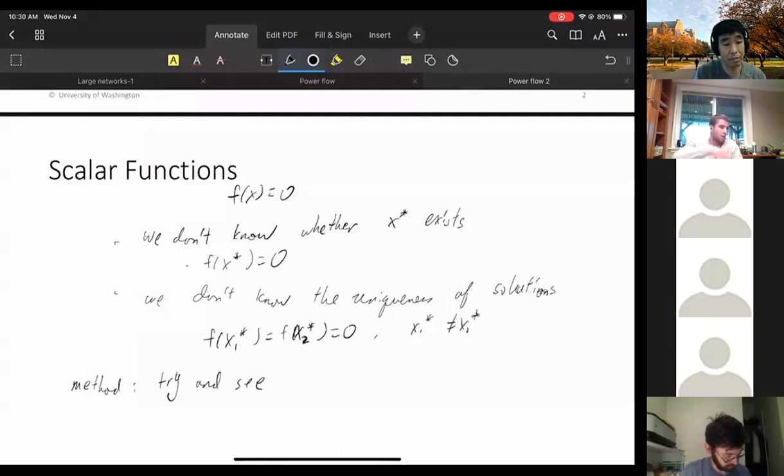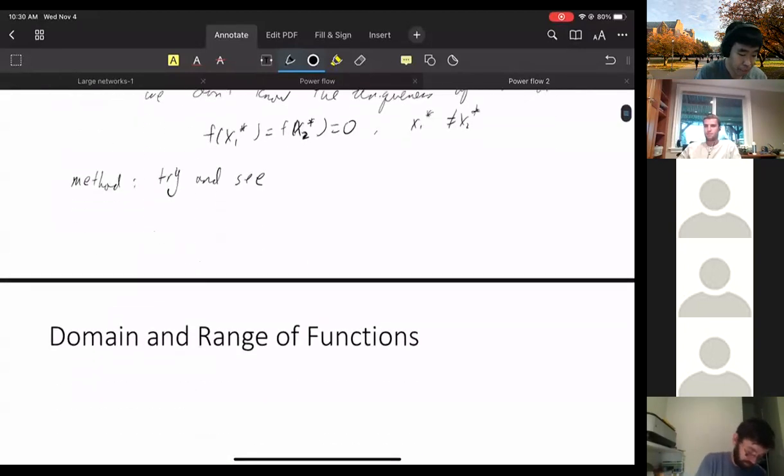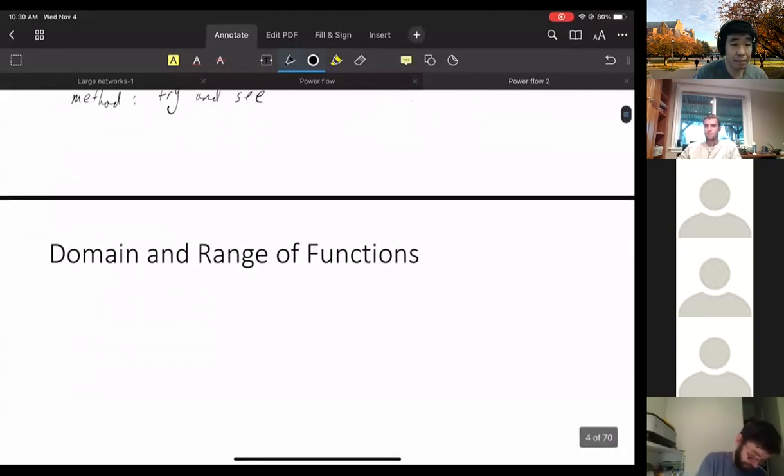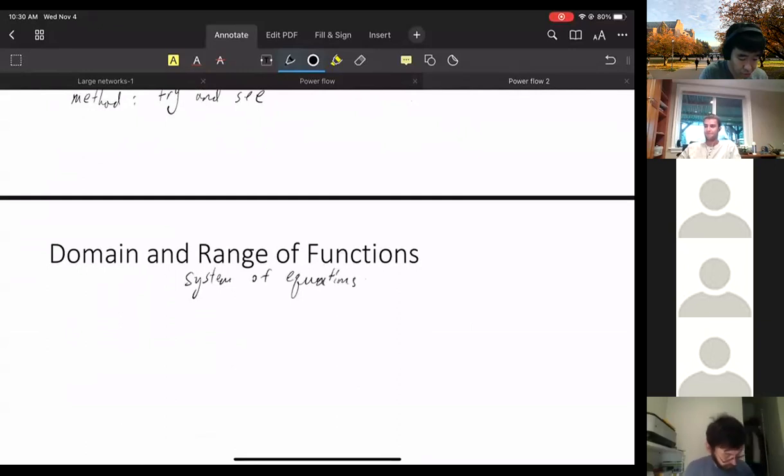So for a system, it's even more complicated. And so when we talk about a system of equations, what we'll write is f of x equal to 0. We'll still write this, but we're going to think of x as some vector in R^n, and then f of x is in R^m.